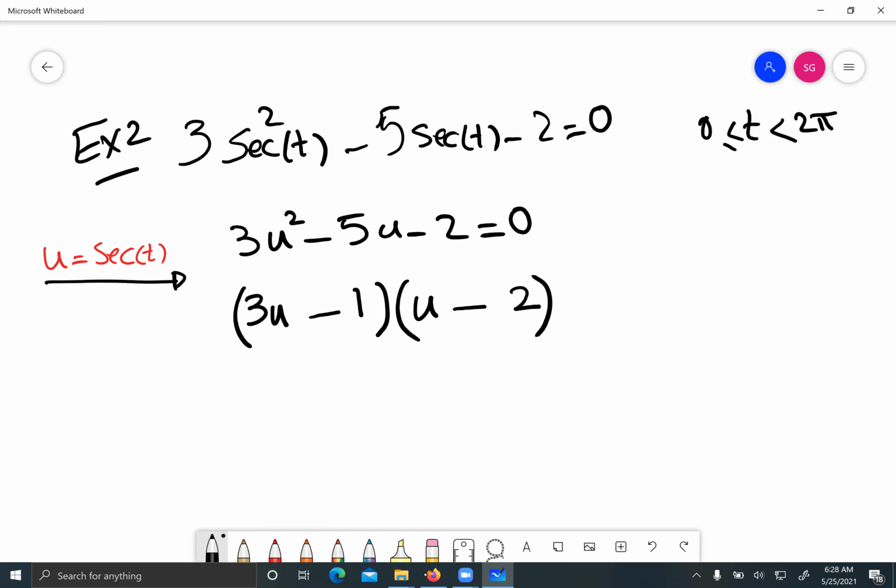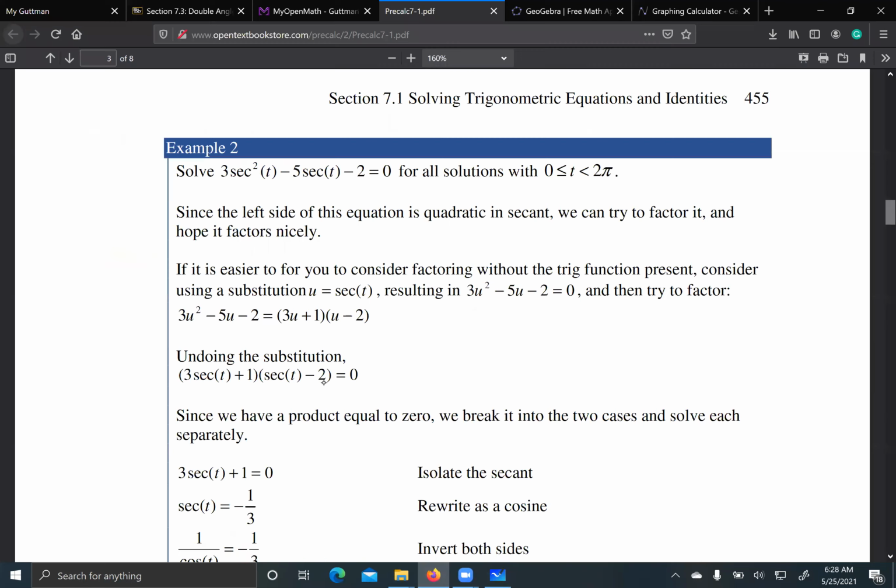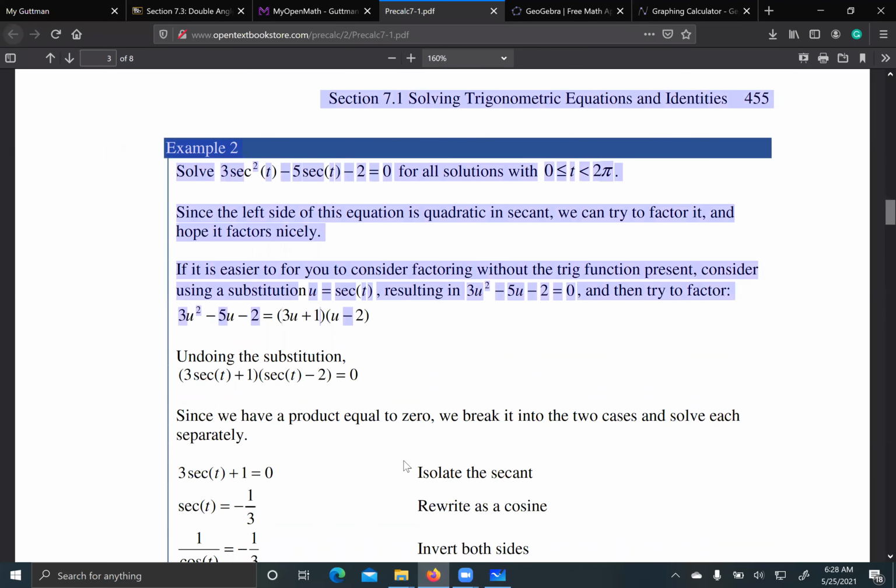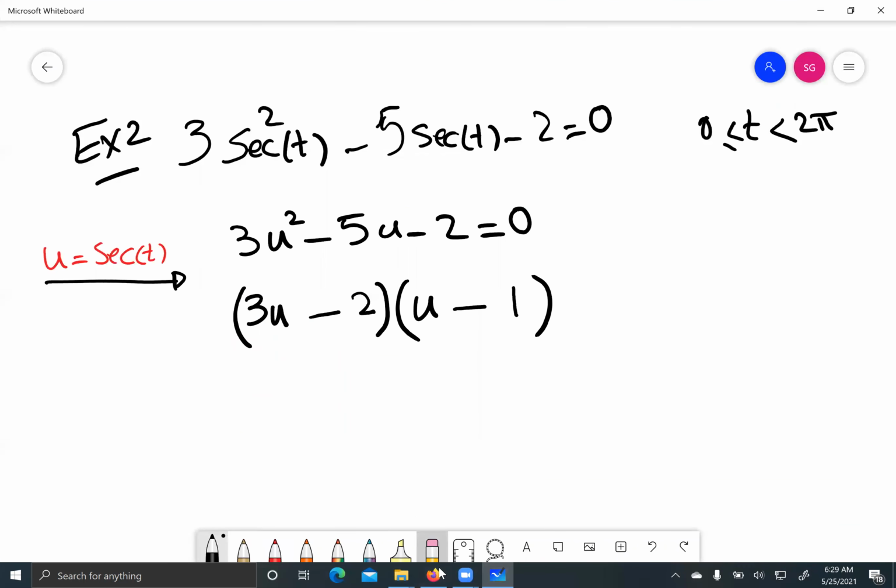If this is 1 and this is 2, this is going to be negative 2u, and negative 3u. I'm not sure about the sign. Let me see, this is positive, this is negative. Okay, but then this isn't going to give me the 5.